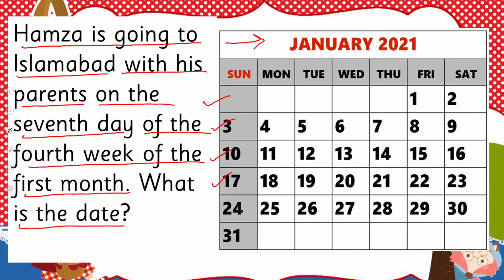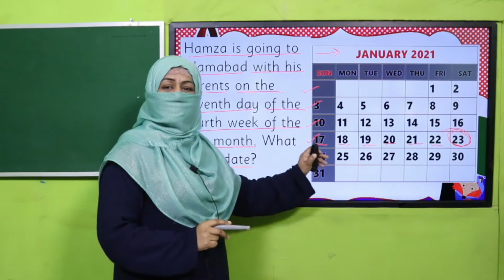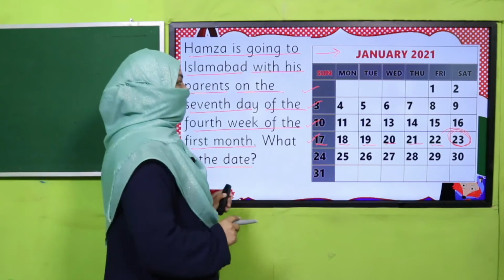And where is the 7th day? They are saying it's the 7th day. So, where is the 7th day? 1, 2, 3, 4, 5, 6, 7. So, which date is it? He is going on the 23rd of January. Okay, this is how we reach specific information on our calendar.